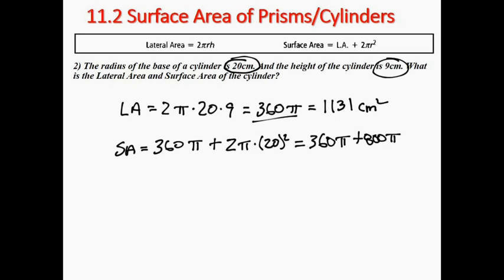When we add those together, we get a total surface area of 1,160 pi, or right around 3,644.2 centimeters squared. And so that becomes our surface area.